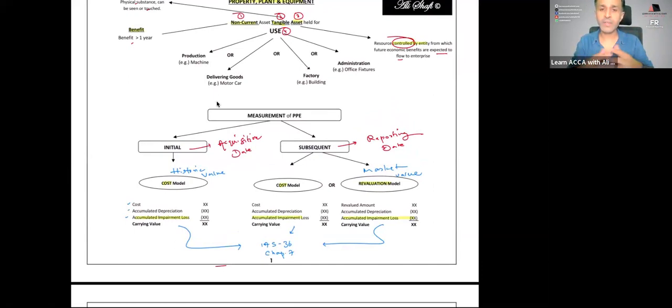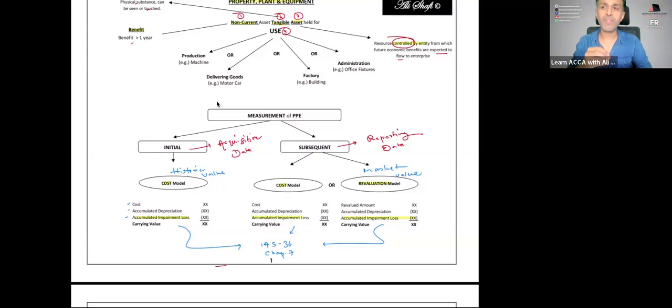What is the definition of property, plant and equipment itself? A tangible, non-current asset held in the business for use completes the definition of property, plant and equipment. And you have got lots of examples. You have to keep in your mind that you need to pass them through these 4 parts. In the end, you will be able to say, yeah, these are property, plant and equipment.